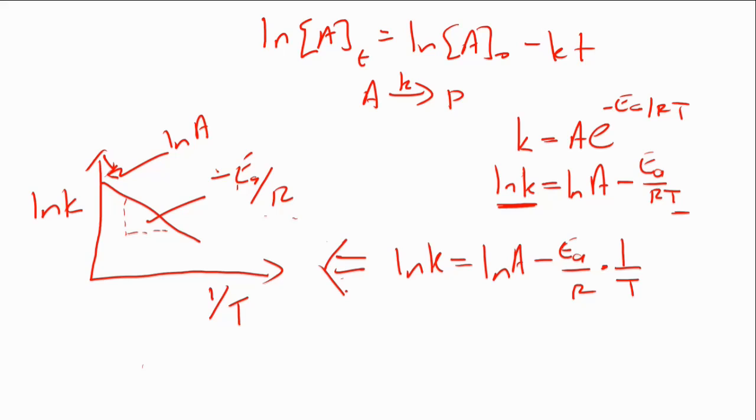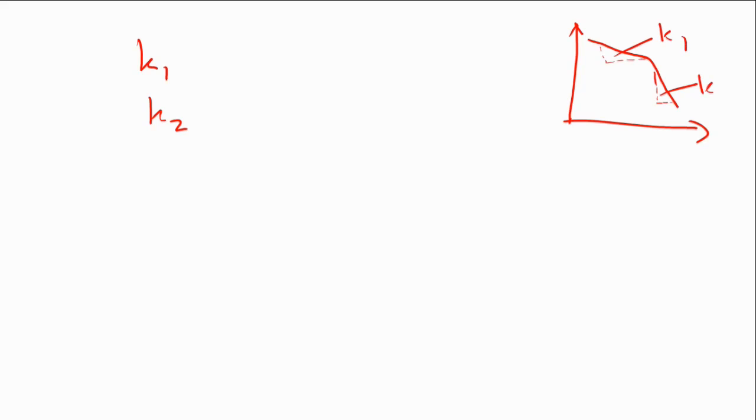Let's say you're not given a series of rate constant values. Let's say you are just given two rate constant values, K1 and K2. Let's say you are given concentration-time data where the temperature was changing, and so you did your plot and your plot had two slopes, and so you got two rate constants, sorry, K1 and K2.